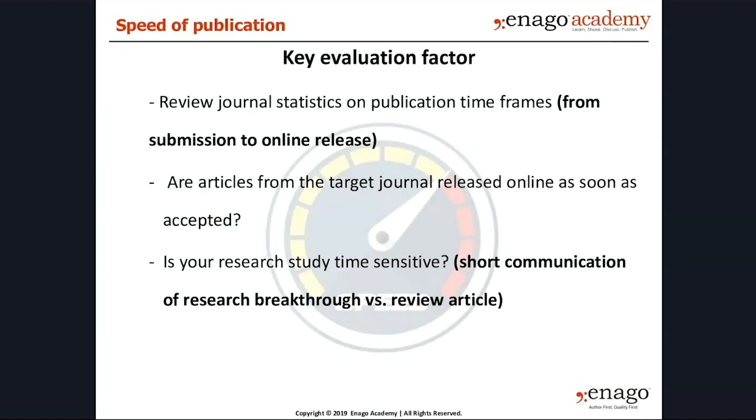Speed of publication. I spoke a bit about that in the last slide. Some journals might present turnaround times from submission to acceptance. Some might not. Speed of review might be important to you in submitting your paper. Hopefully not, because the peer review process is notoriously inconsistent, let's say.